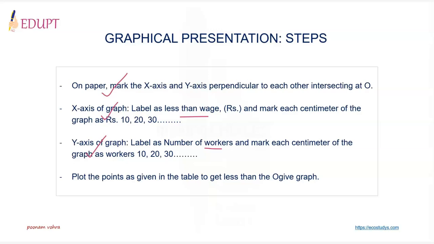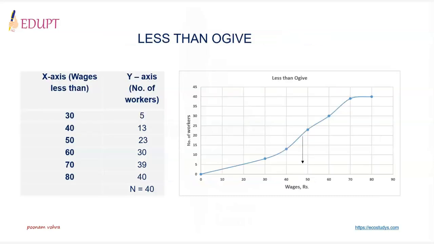Finally, by coordinating the workers and the wages, plot the points, join the points, and you will get less than OGIVE graph. So continuing with the example, we have wages less than 30, 40 and so on till 80. Accordingly, we have got number of workers as 5, 13 till 40. Now we need to plot it on the paper.